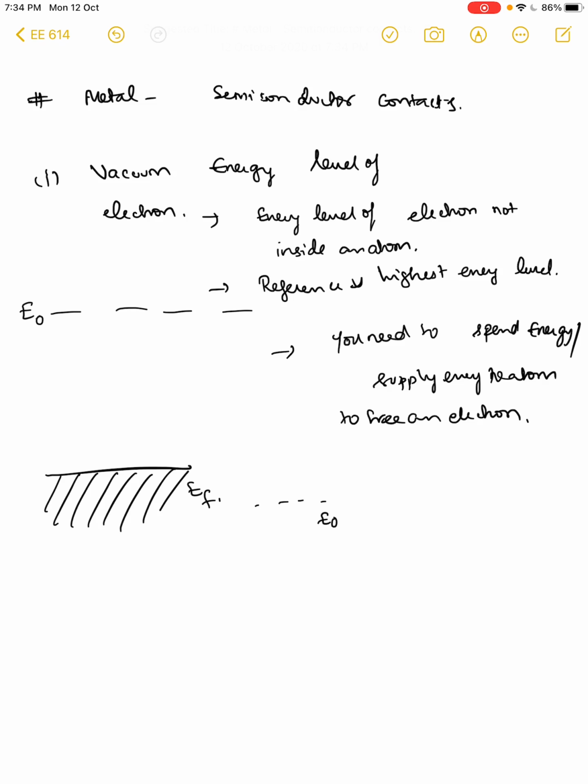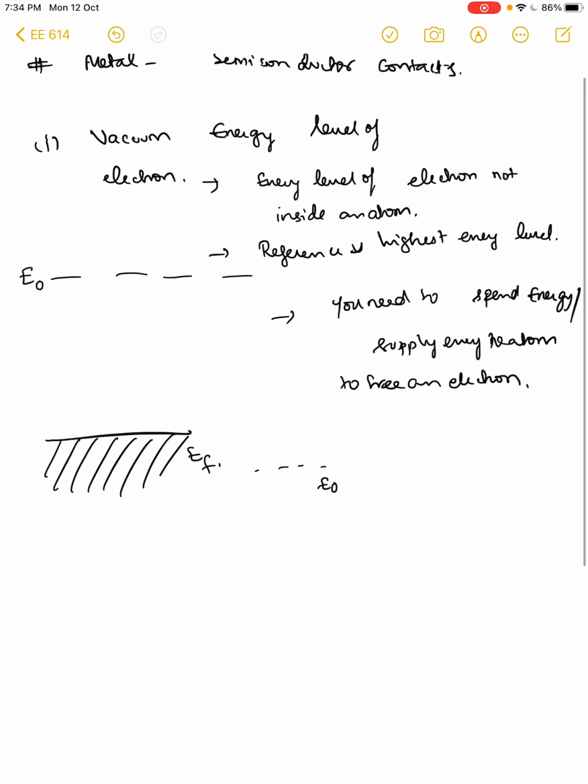Okay, so the energy that you have to spend to take an electron from the Fermi level to the vacuum level is called the work function. So it is q times psi m. Psi m is the actual work function, and charge times the potential is the energy, right?